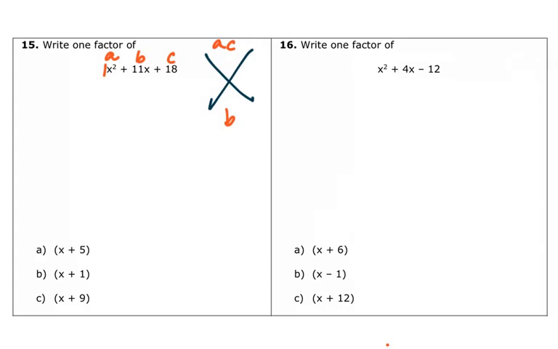So I can't just do a cheater shortcut to jump to my parentheses, nor can I eliminate answer choices because I don't have something to multiply to get this to work. So number 15, you're going to do regular factoring. This video is about to end, so I'm going to reset with a new video and continue with number 15. If you know how to factor, go ahead and try 15.